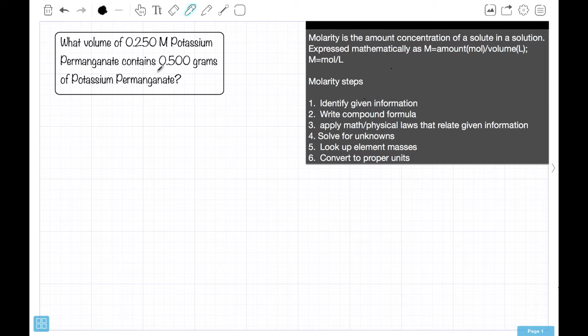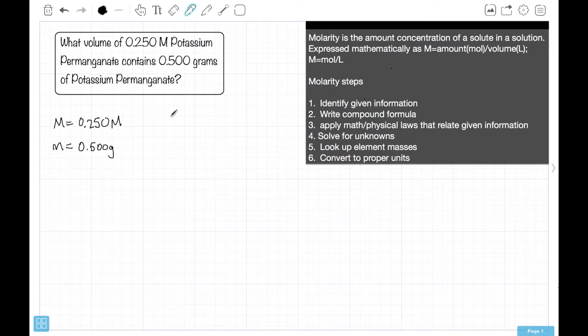Straightforward. So step one, identify the given information. So we were given a molarity of 0.250. We were given a mass of 0.500 grams. And we were told that we're working with potassium permanganate.